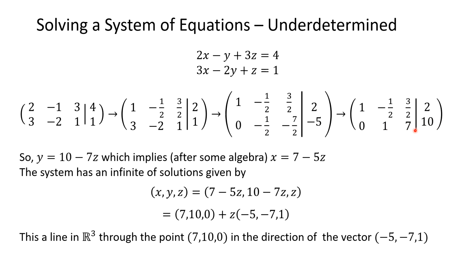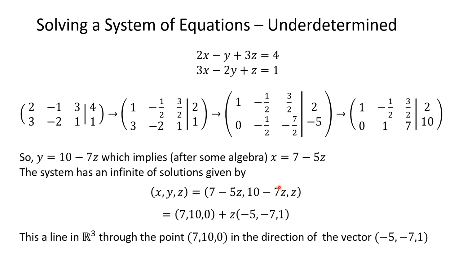At this point, we aren't able to isolate the three variables, so we make note that y equals 10 minus 7z from this second row, and we plug y into this equation here. Then we get x in terms of z when we plug in y, and we have z here too, 3/2 z. We solve that, and we eventually get x equals 7 minus 5z.